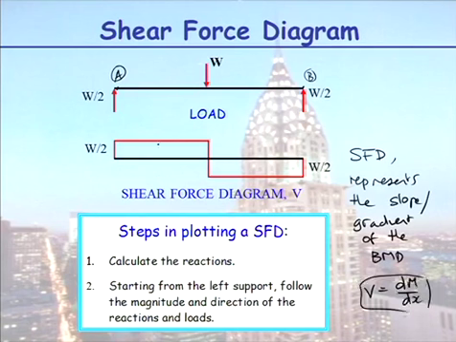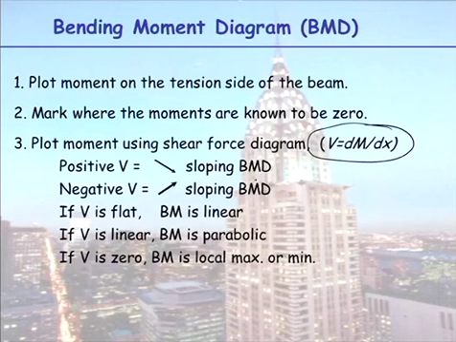So the fact that you have a positive value here means your gradient of your bending moment is positive. Now, in saying that, a positive gradient is a downward slope, and that is because we draw our bending moments positive down. So it's a minor thing, but an important thing for you to remember.